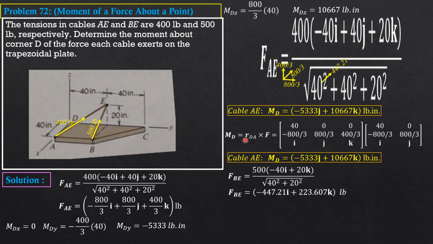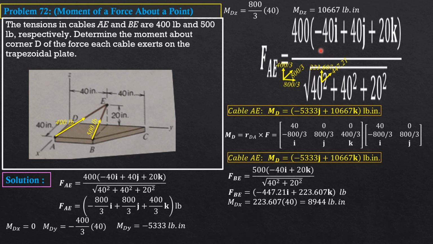So let's draw it. This is the x component and the z component is upward, and this is point D. So the moment about the dx axis is positive in that sense. This is parallel, so this is the same sense. So positive 223.607 times 40 inches. MDx equals 223.607 times 40, and it is positive 8944 pound inch.